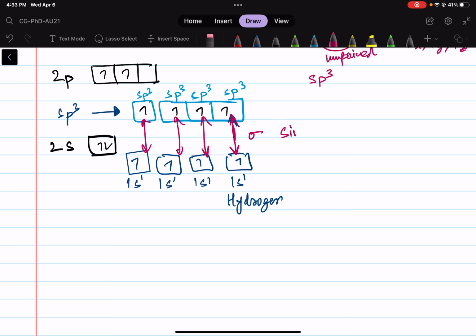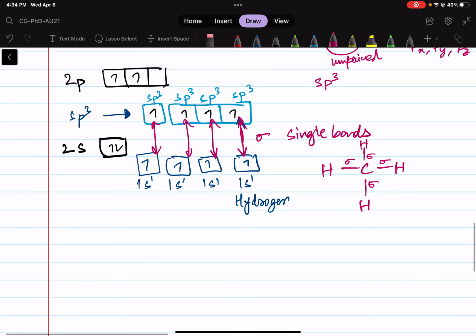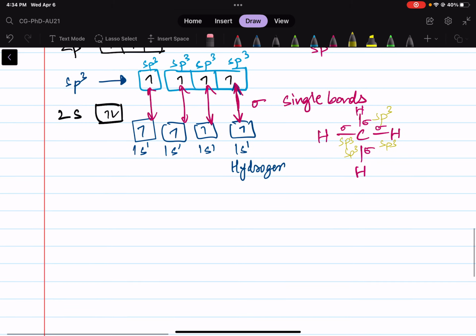Again, these are sigma or single bonds. So you can have C, H, H, H, and H. Sigma, sigma, sigma, sigma. Or you could call it sp3, sp3, sp3, and sp3. And this is how you create hybridization.